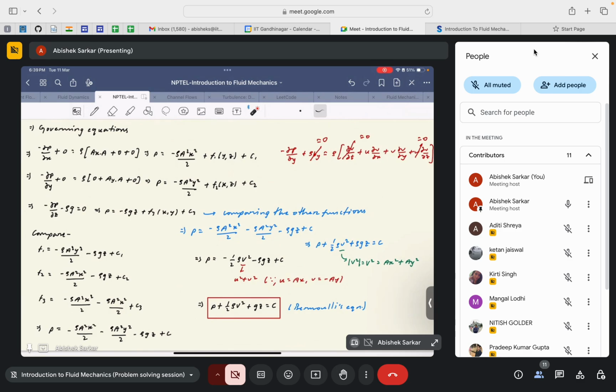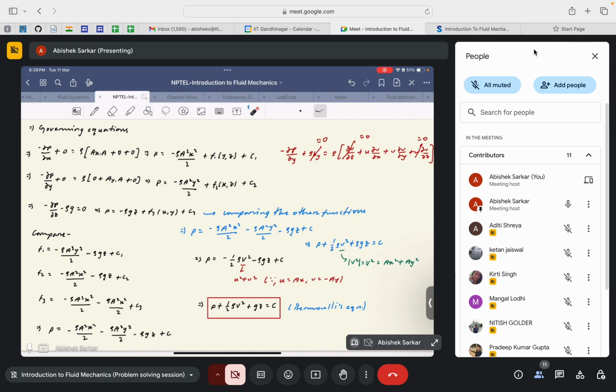This equation is known as Bernoulli's equation. Again, we will dive deep into the entire derivation of Bernoulli's equation, its specifics, and the assumptions that are required for its validity. Although it's very famous, it's a very specific equation, because we can only apply it to certain specific cases.